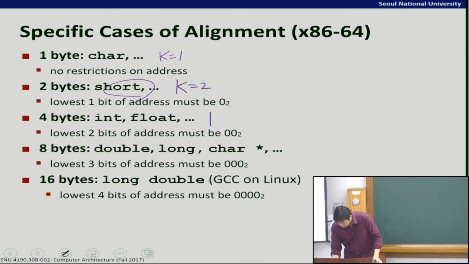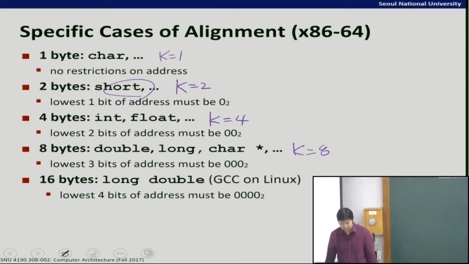If k is 4, for int, float, and so on, if you have 4-byte variables, that value must be aligned at a multiple of 4. So the address must be 4, 8, 12, 16, 20, 24, and so on. That means your address must be divisible by 4, and that implies that the lowest 2 bits of the address must be 0, 0. Likewise, if k is 8, then the 3 LSBs must be 0.